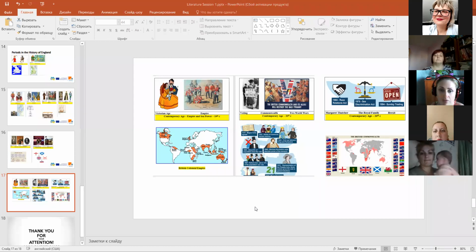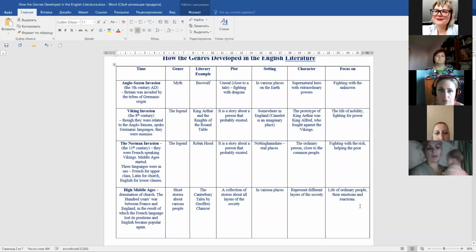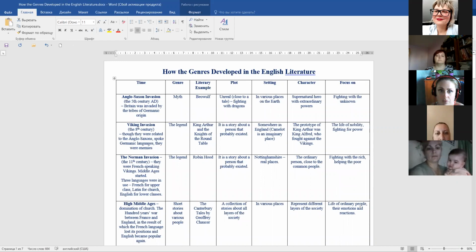And now let's see how we can connect it with the development of genres. For me, it was the most amazing moment when I started understanding that literature, genres are one story, and history is another story. Actually, they are very connected.